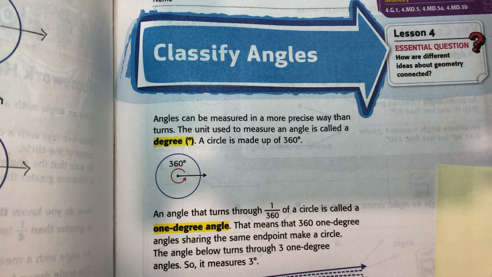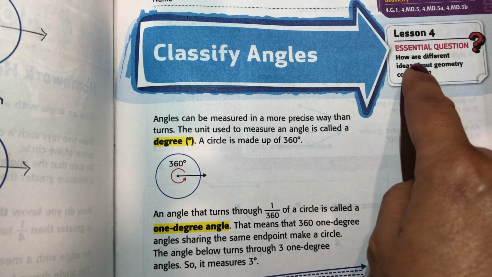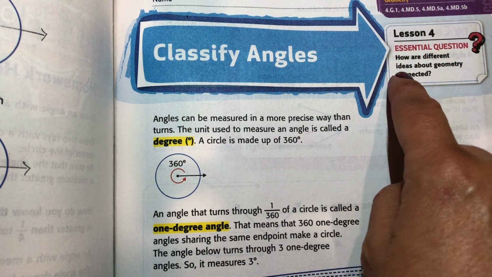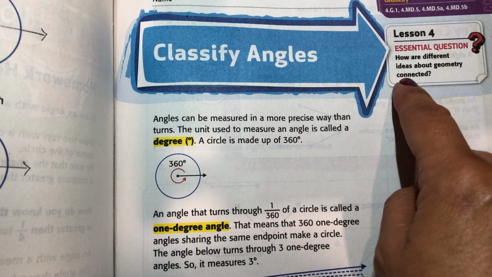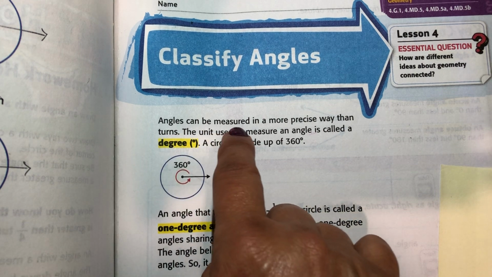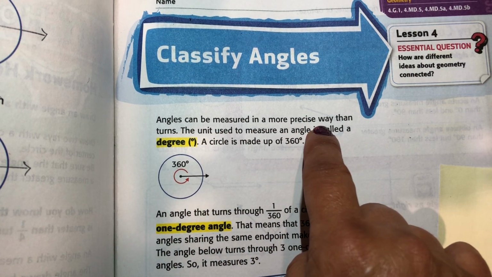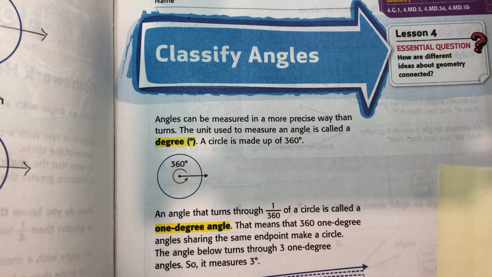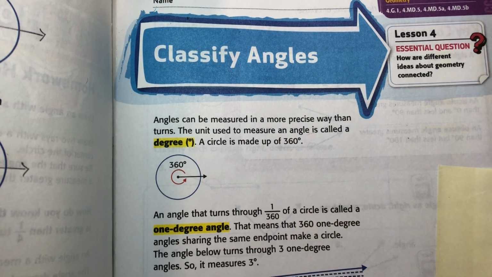Okay. Classifying angles. All right, so how are the essential question, that means the important question, how are different ideas about geometry connected? All right, angles can be measured in a more precise, meaning more definite, way than turns.